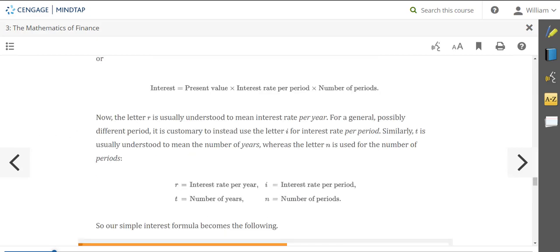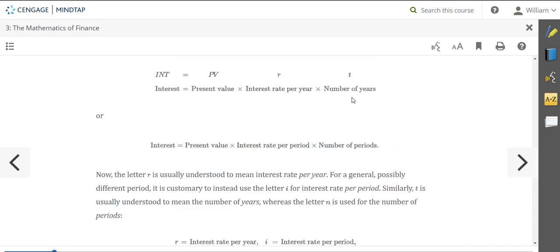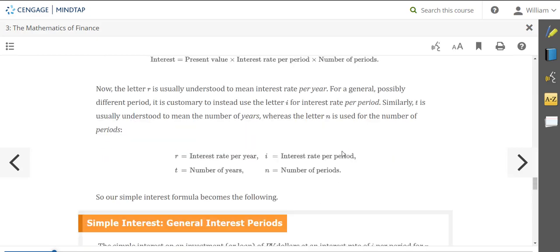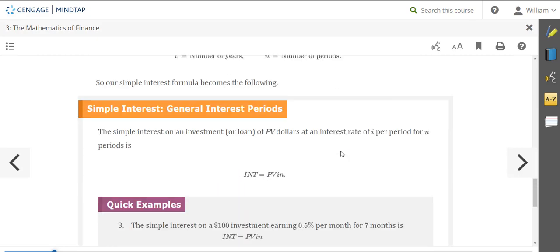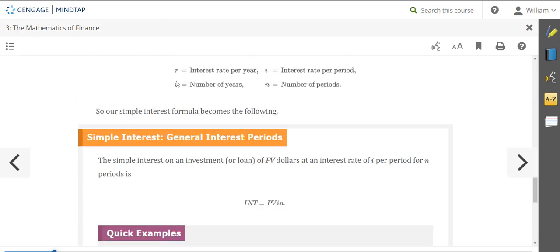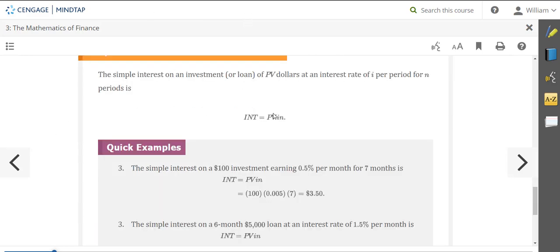So we'll have the interest as the present value, the interest rate per period times the number of periods. Just like before, we had the interest rate per year times the number of years. Now we have interest rate per period times the number of periods. And they're also keeping T as the number of years, so N will be the number of periods.